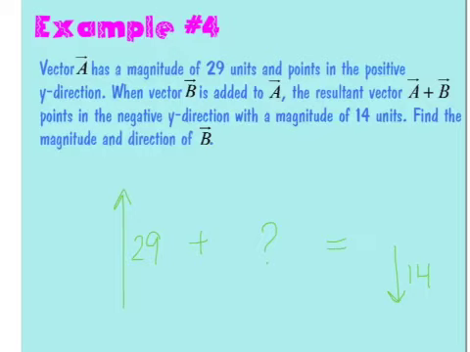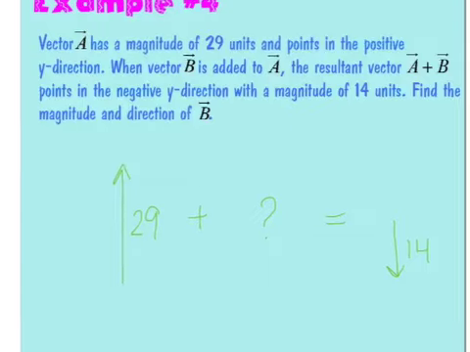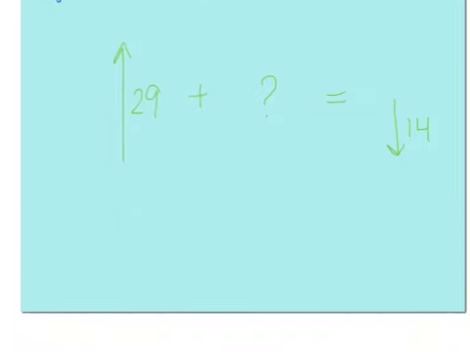So in other words, what I'm trying to do is to put A, the 29 unit vector, plus B, my unknown vector, tip to tail, so that the resultant ends up going tail to tail and tip to tip. Okay, here's what that means.